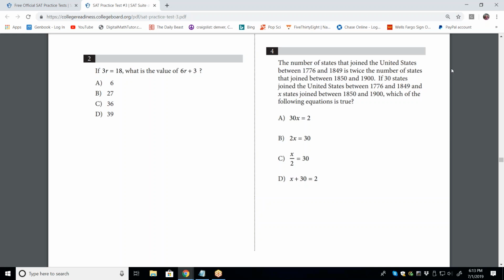Oh, it says it's twice. Yeah. Well, what did you say for x? You said 30 or 60? I thought you said 60. Okay. So what would it have to be if it's twice?